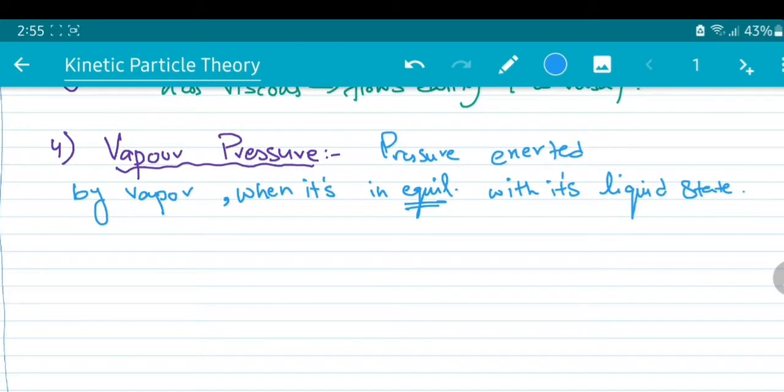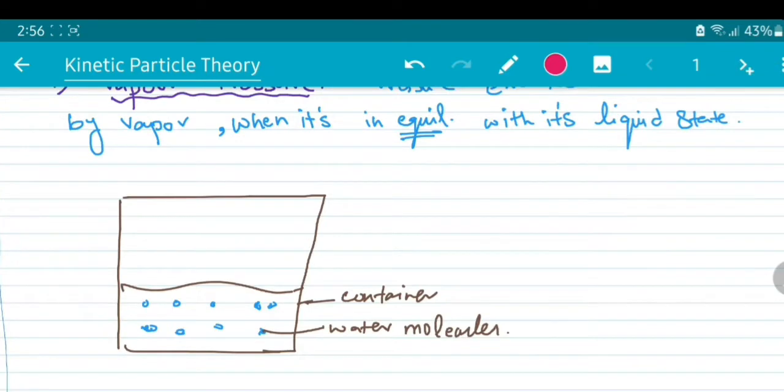On the other hand, a liquid B which has weaker attractive forces between its particles will create a lesser pressure than liquid A. To demonstrate that, if we take a container and put water in it, after a certain period of time it will have a certain pressure in the container.